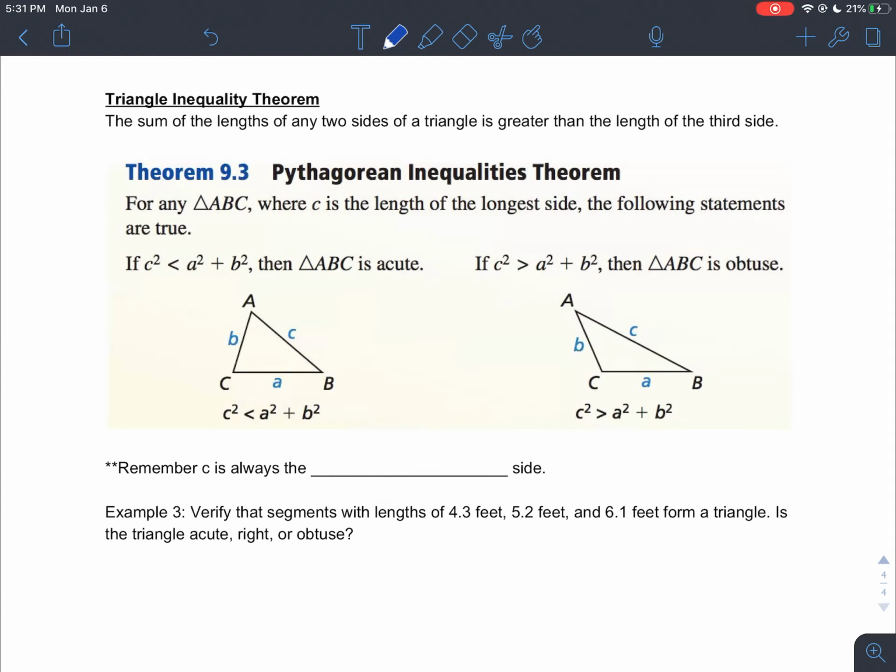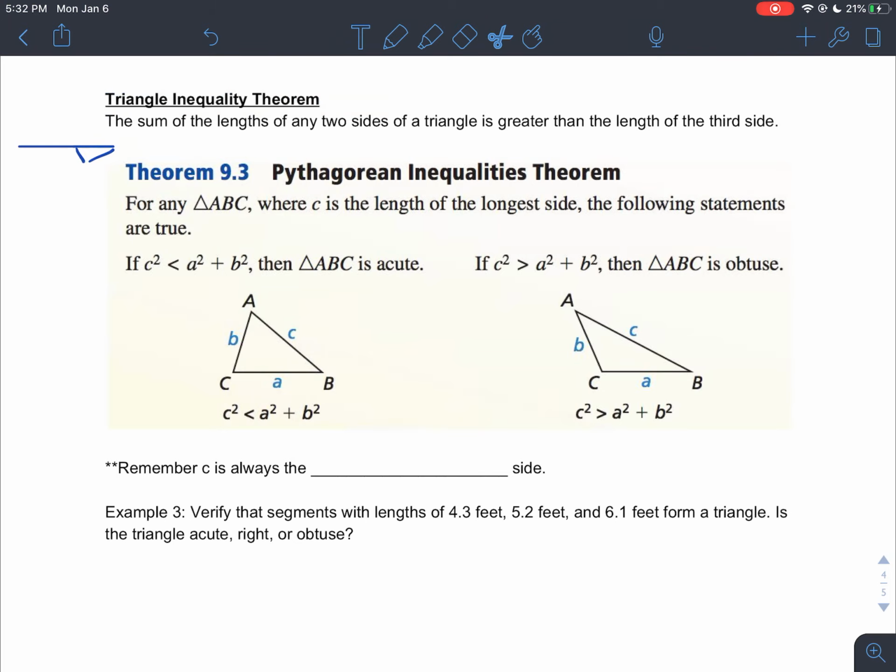Let me show you what happens if you don't. Let's say you have these two little sticks, and you've got the third side that's really long. If you try to put these little sticks together to make a triangle, that's not going to make one triangle.